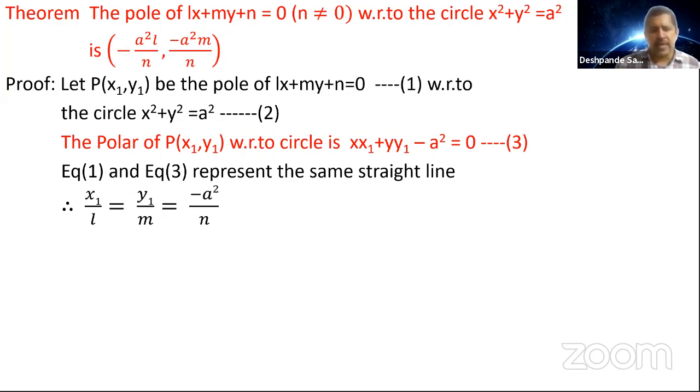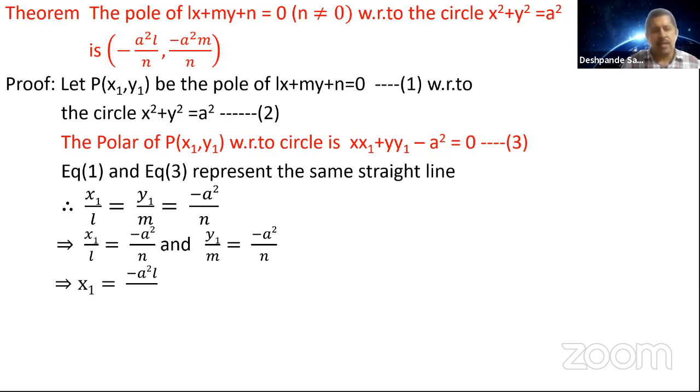So x1 by l is equal to minus a square by n, and y1 by m should be equal to minus a square by n. If you just cross multiply, you get the value of x1. So x1 is minus a square l by n, and y1 is minus a square m divided by n.